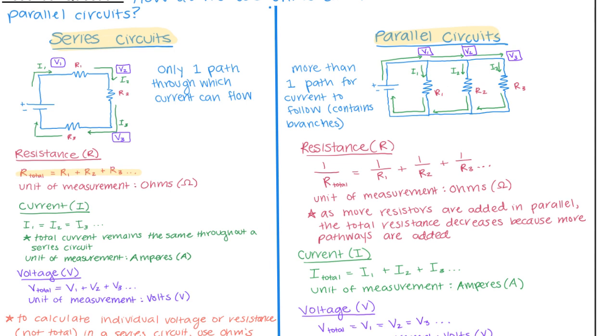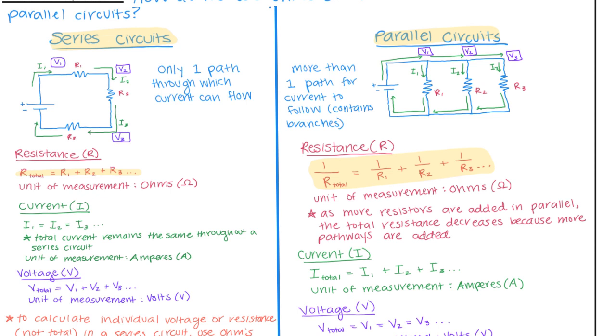Now, here's where things get a little bit interesting. I want you to think about how you calculate the total resistance of a series circuit, and now look at how you would calculate the total resistance of a parallel circuit. We have a little bit different of an equation here. While in a series circuit we are just adding those values together, in a parallel circuit you are actually using the reciprocal of these values to get the total resistance.